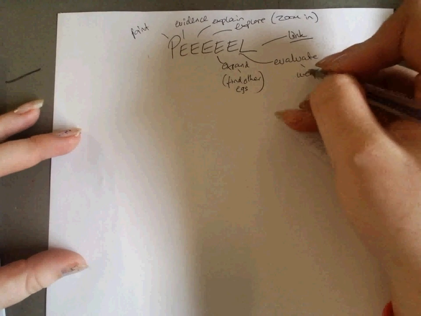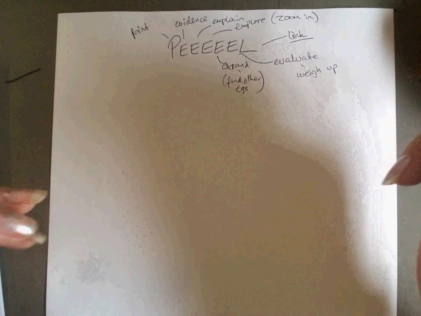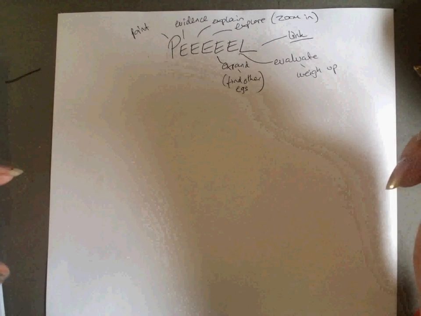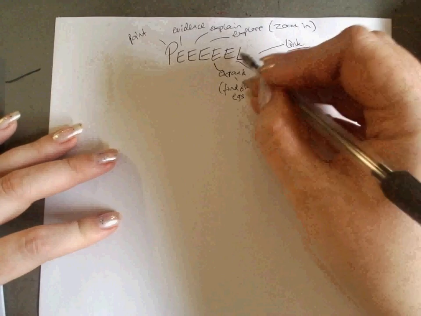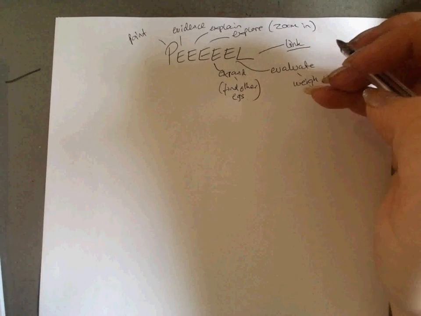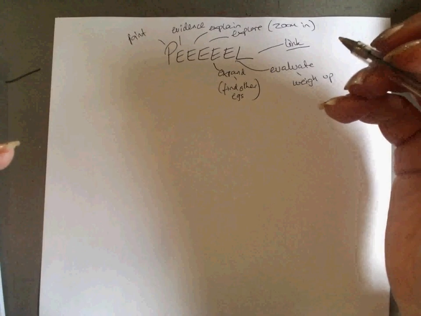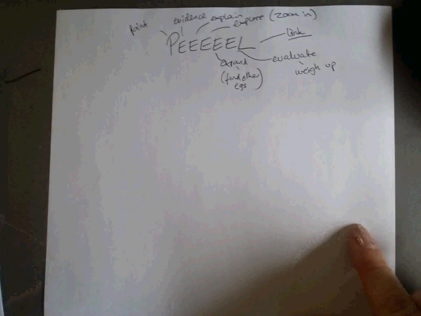Evaluate, hopefully we should know what that means. It's making judgments, it's getting you to weigh up the importance or significance of something. And then the final L, link back to either the message, the context, or the overall focus of your essay, so it doesn't feel like a point that's stuck out there by itself.